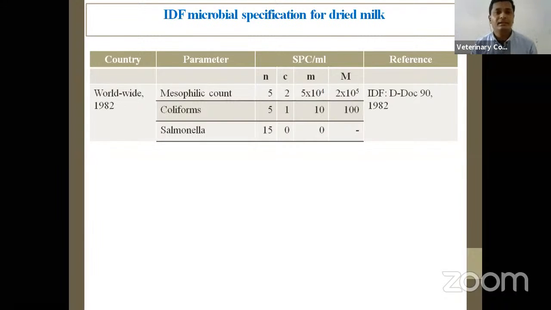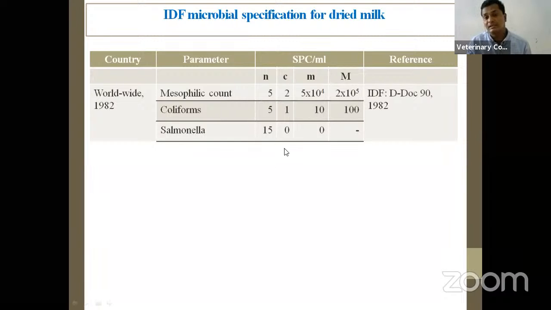Likewise, we have in India the IDA, Indian Dairy Association. So this federation, again, is a not-for-profit organization, just like ICMSF or the ISO. It is operational across the world, and it has specified mesophiles and coliforms as a 3-class sampling plan, and Salmonella as a 2-class sampling plan.